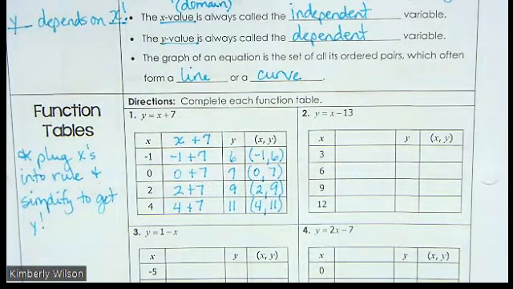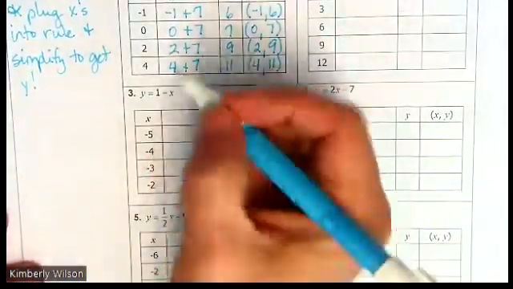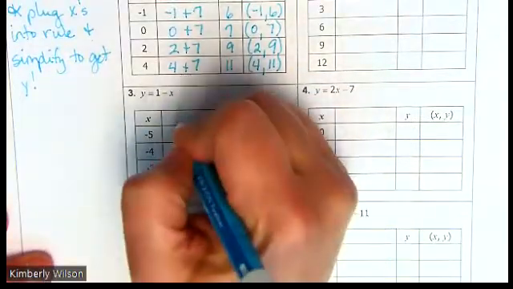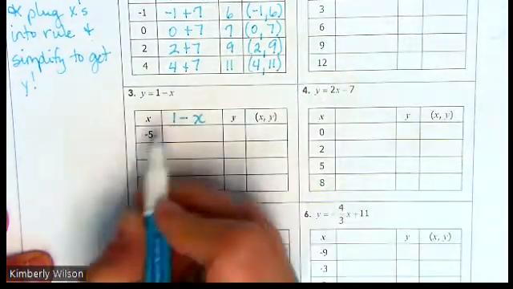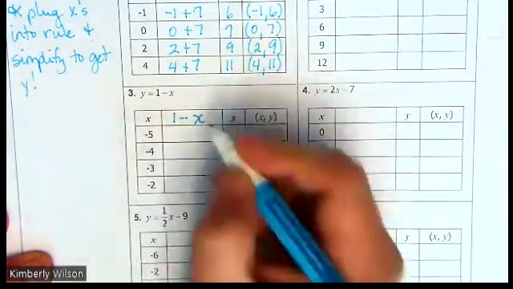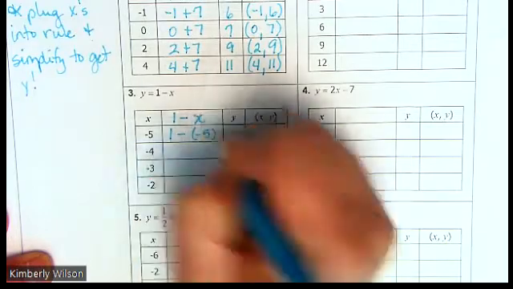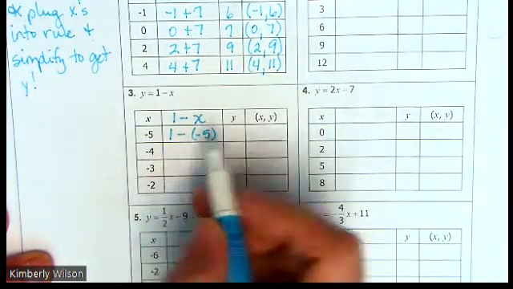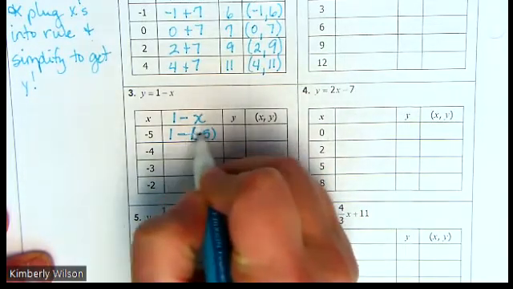Okay, oh, I did the wrong question. I wanted to do number 3. Okay, going on with number 3. That was a real simple one. This one I wanted to do because I want to make sure when you're plugging in, my rule is y minus x. Notice this is a negative x, so this is going to be y minus -5. Well, when we have a double negative, remember that becomes a big plus.